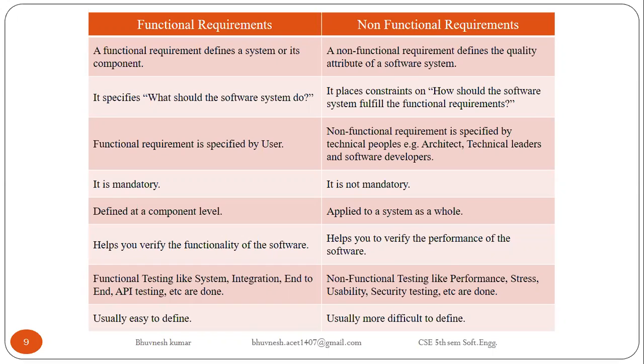Functional requirements are mandatory while developing your product, because we have to make the product according to the customer's need. Then next is defining a component level. If we are making proper functionality and defining proper components, we are making proper component levels also. Then the next point: help you verify the functionality of the software.